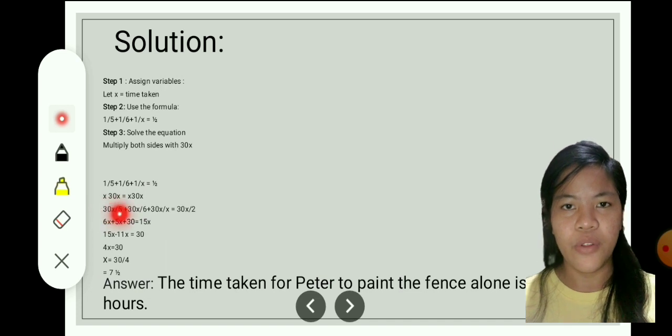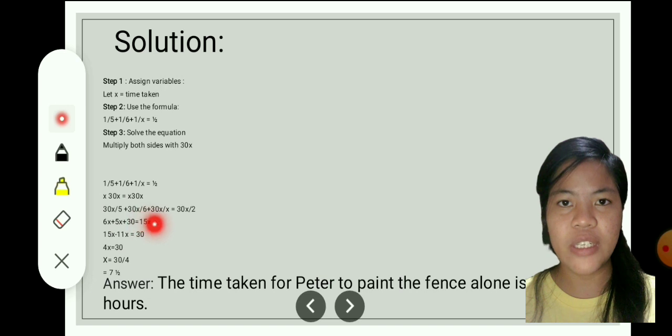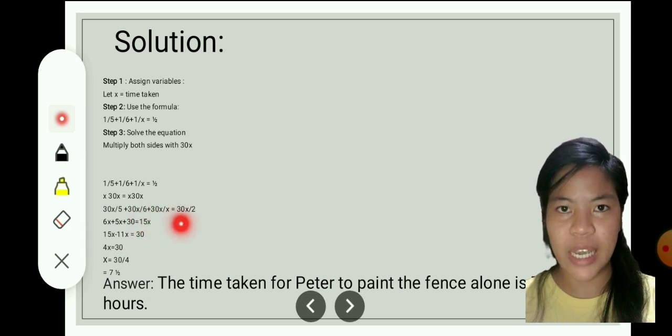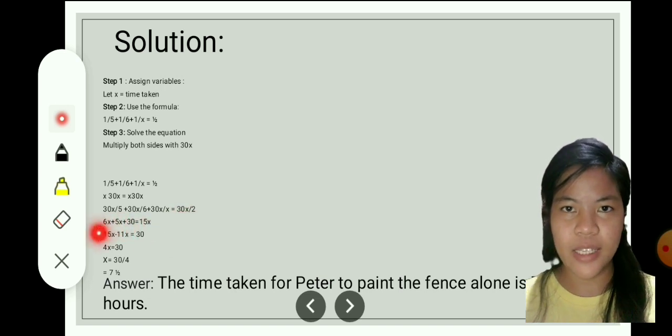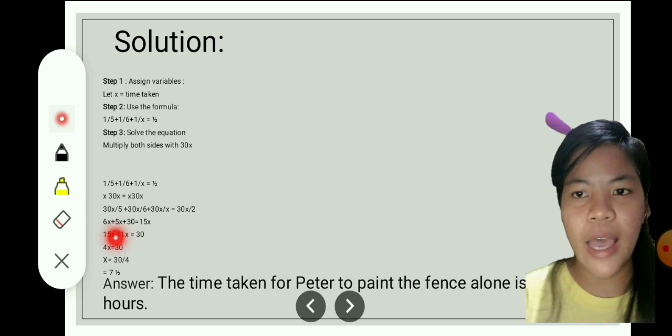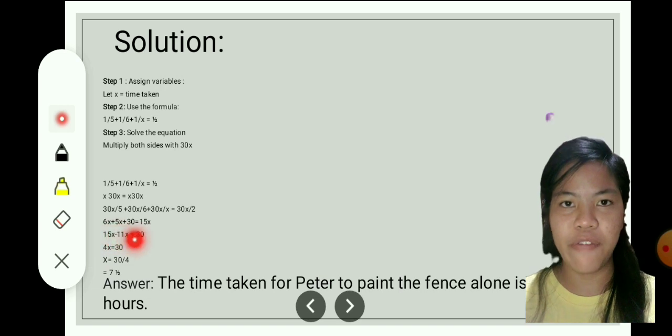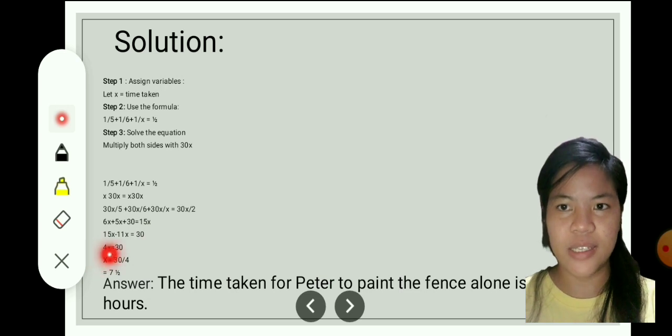So 30x over 5 plus 30x over 6 plus 30x over x is equal to 30x over 2. Then it will become 6x plus 5x plus 30 is equal to 15x.